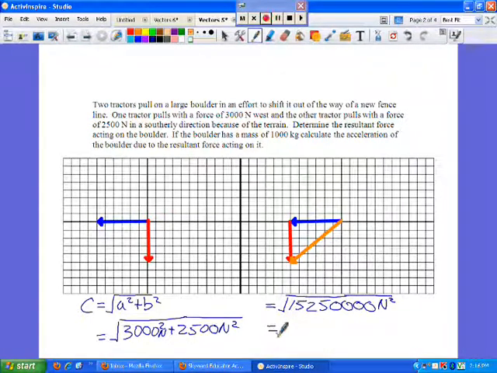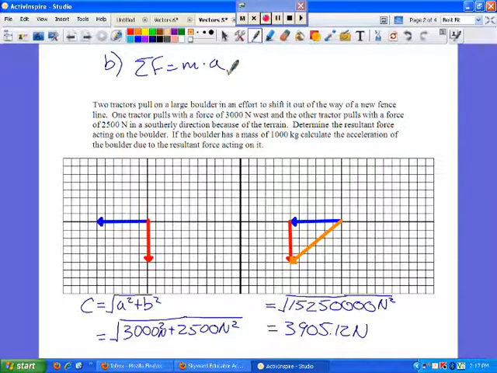There are two questions here in question number 2, and the second is to find the acceleration of the boulder if it has a mass of 1,000 kilograms. For this, we'll use Newton's second law, which is just represented as sigma F is equal to m times a. Well, we have found the sum of the two forces acting on the boulder. It was a vector sum, so we needed to use the Pythagorean theorem.